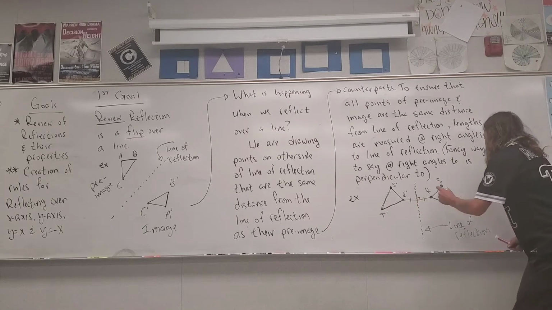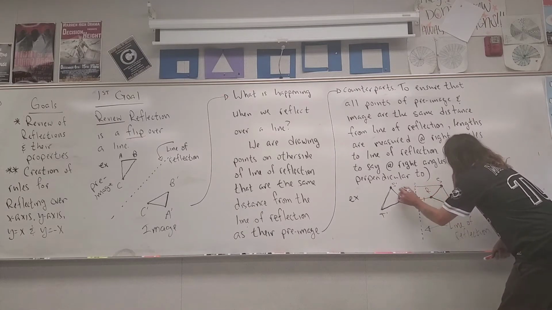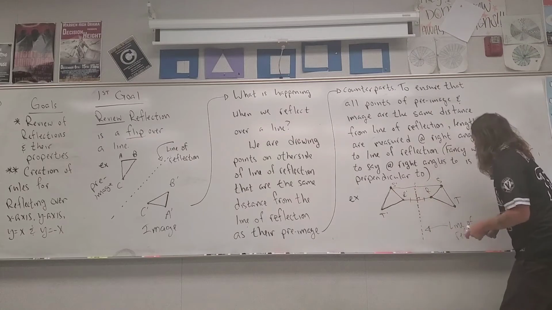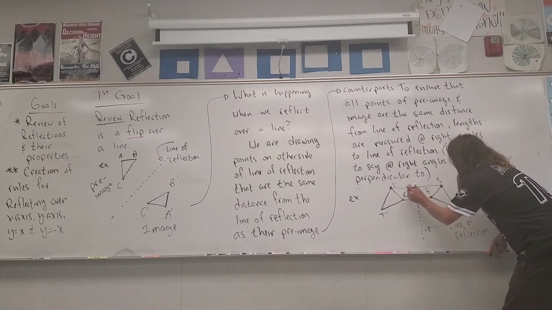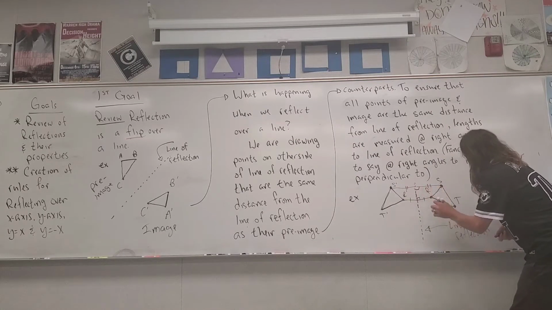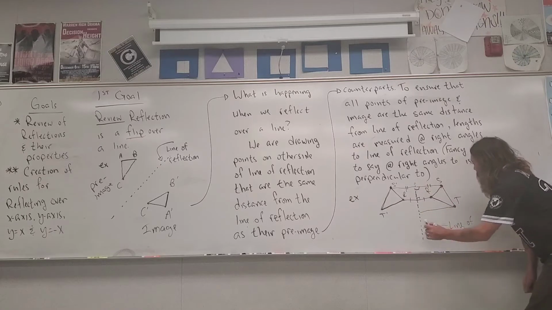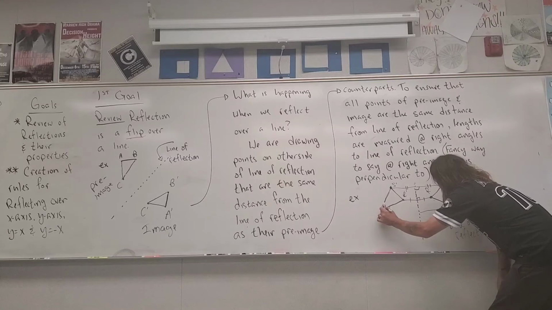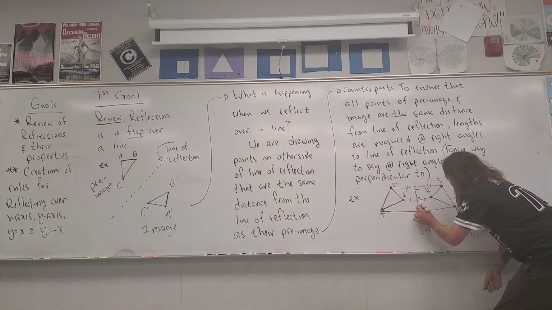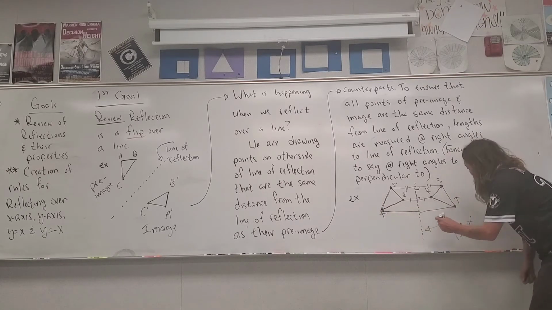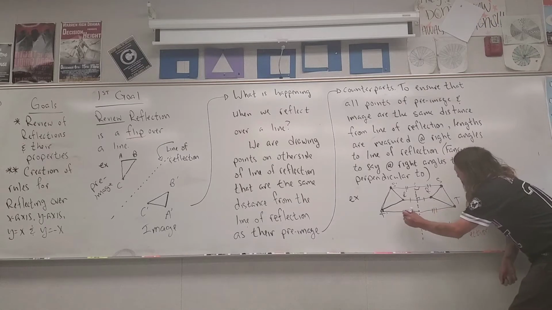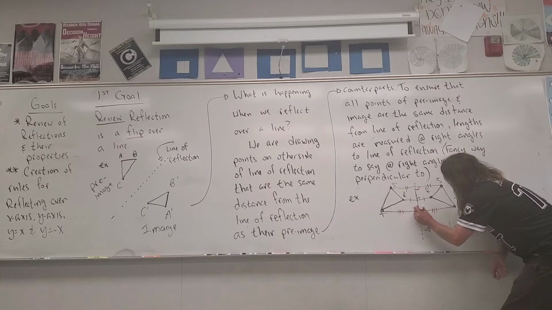Same thing for S to the line of reflection as is S prime, so there would be a right angle, and these two segments are congruent. Same thing with T to the line of reflection, and oh, there's my problem, T prime, that wasn't straight across. These again will be the same distance away, and that's what these marks are showing.